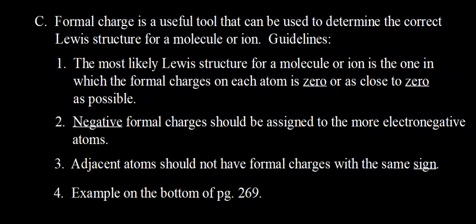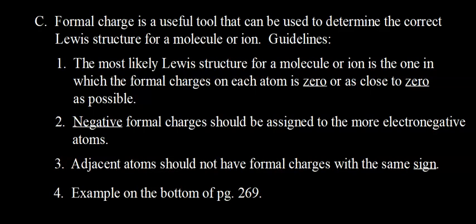Negative formal charges should be assigned to the more electronegative atoms. So let's say you have an option between two atoms where one's negative, one's positive. The more electronegative one is the one that should be the negative one. And then adjacent atoms should not have formal charges with the same sign. So if you have that, that's probably not the correct Lewis structure.